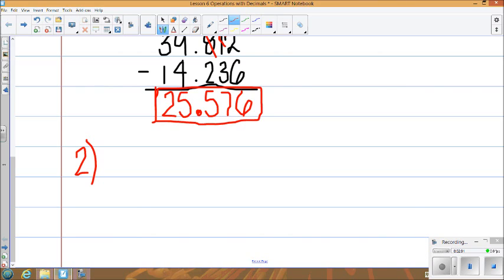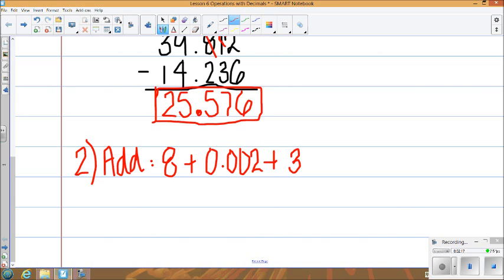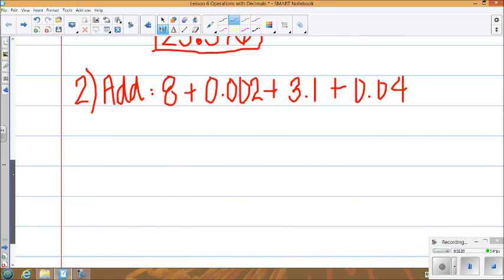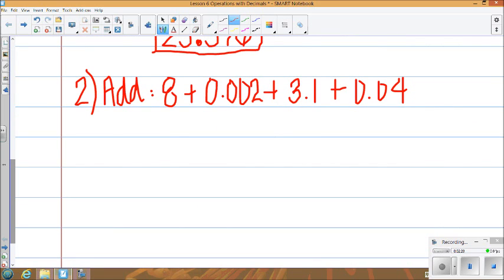So for this example, we're going to add 8 plus 0.002 plus 3.1 plus 0.04. So for this example, we need to make sure we line up all of the pieces. So again, we're going to have 8.